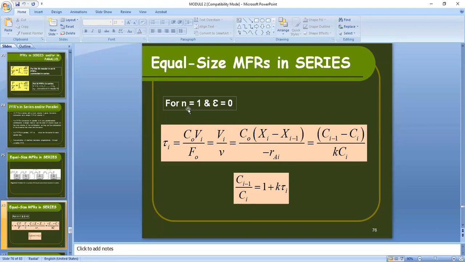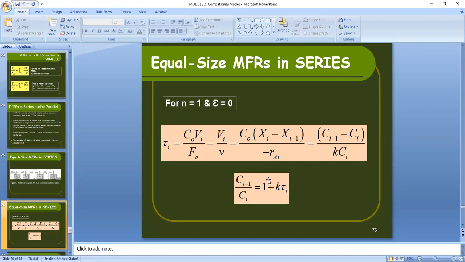For a first order reaction with a constant density system, because your epsilon here is 0, this is the formula for determining the space-time for any ith reactor in your MFRs in series. So any of these formulas will do.